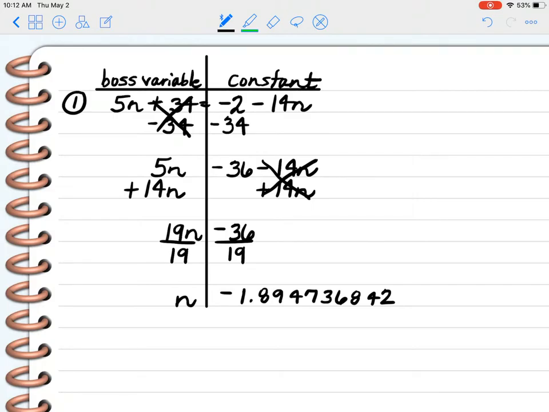So that is the answer that comes out of the calculator. I'm going to say that n is approximately negative 1.9. Okay, doesn't have to be exactly. We're just rounding that off.